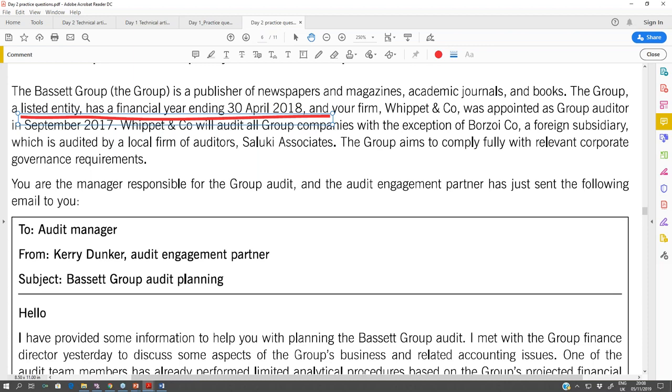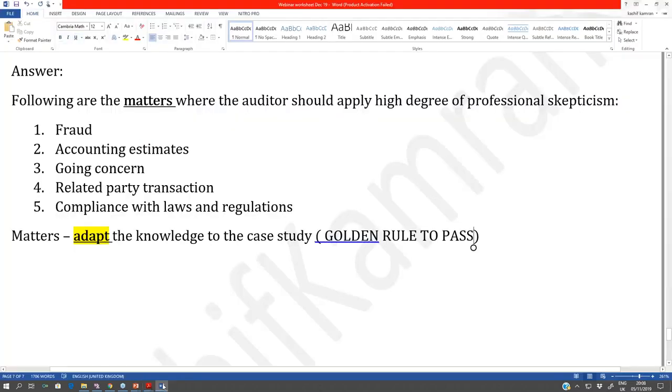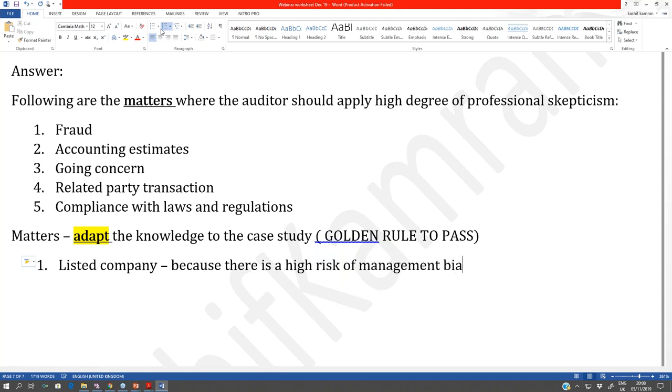So when I approach a listed company audit, I need to be more skeptical. So this is a case specific point. So the matters where I need to be skeptical: number one, listed company, because there is a high risk of management bias in manipulating results.